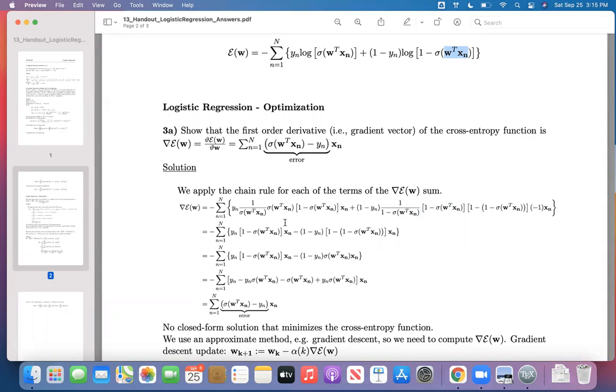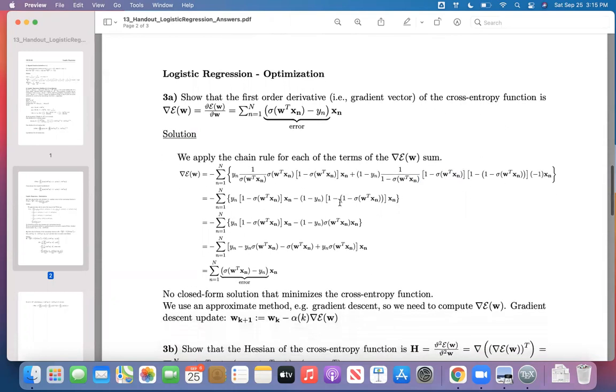So after having computed this entire thing, we can just simplify this expression. So this term here and this term here cancel each other. This term here and this term here also cancel each other. And once we further keep simplifying this expression, this is going to result in this final sum here.